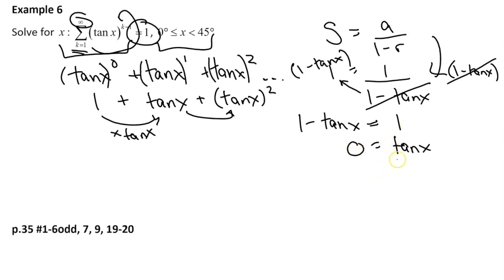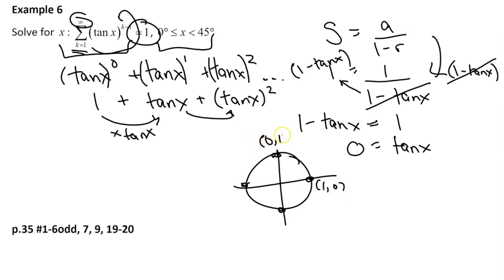And if that's the case, when does tan x equal 0? A lot of you are going to say, I have no idea when tan x equals 0. You may have looked at some quadrantal angles in the past, and if so, you know that tan is equal to your y over x ratio, or sine over cosine.